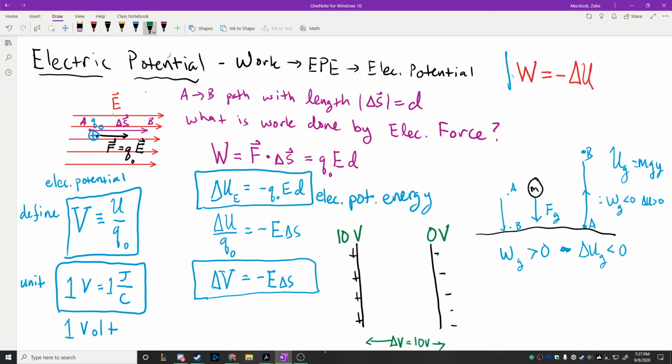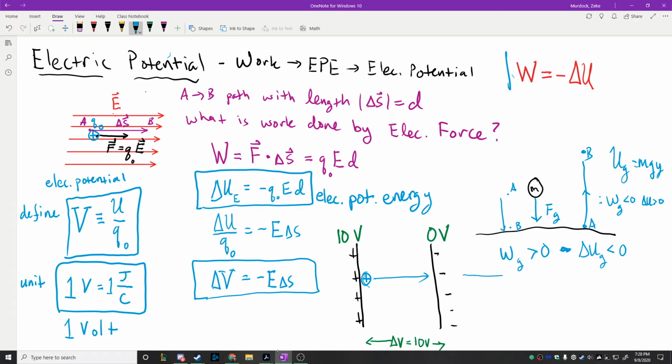The positive plate's at a higher electric potential, the negative plate's at a lower electric potential. If I put a positive charge between the plates, it's going to tend to move from high potential down to low potential. Does that make sense? This positive charge would move from high potential down to low potential given enough time, if released from rest in this system.